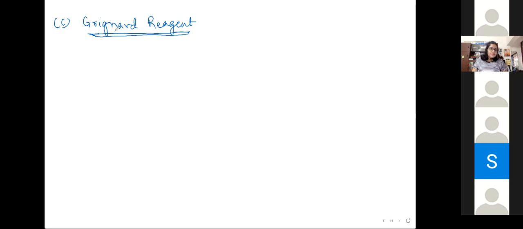So Grignard reagent in general, first I'll tell you what it is. You will never find this independently because it is extremely reactive. It's very unstable. So you always prepare Grignard reagent freshly when you want to do a reaction involving this.